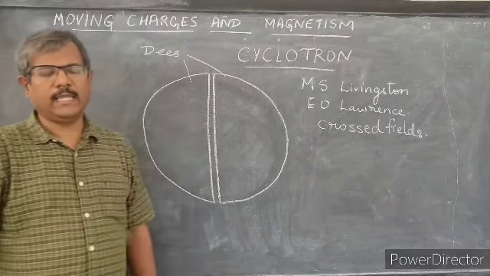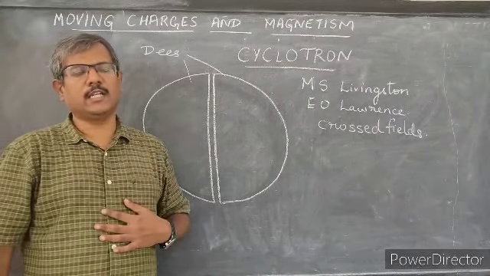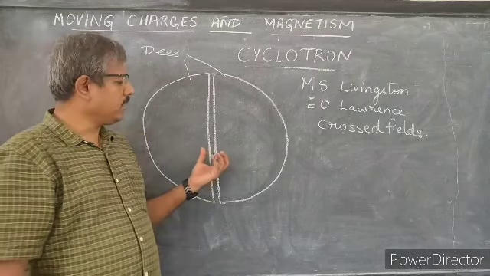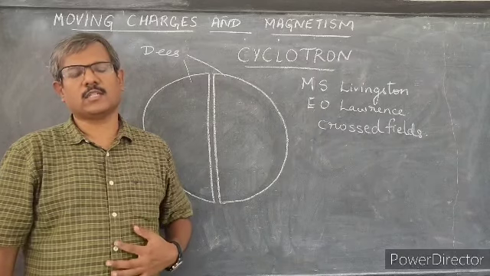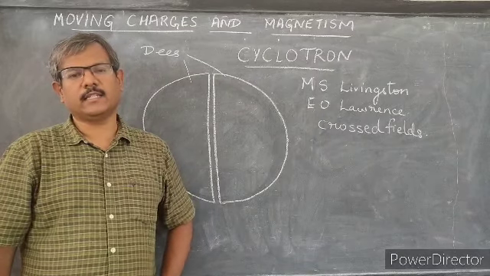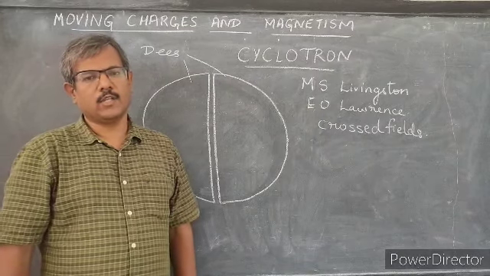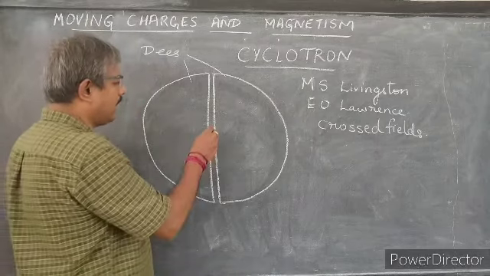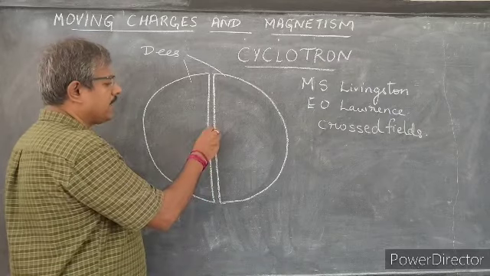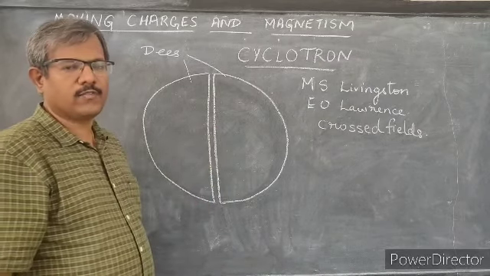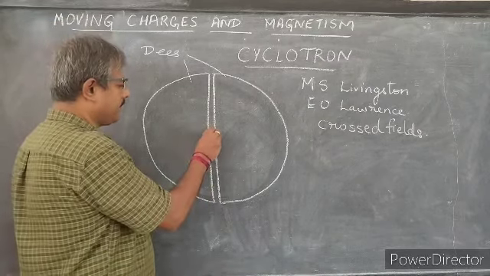As I mentioned earlier, a cyclotron works on the principle of crossed electric and magnetic fields. Charged particles are dropped right at the center of these discs.